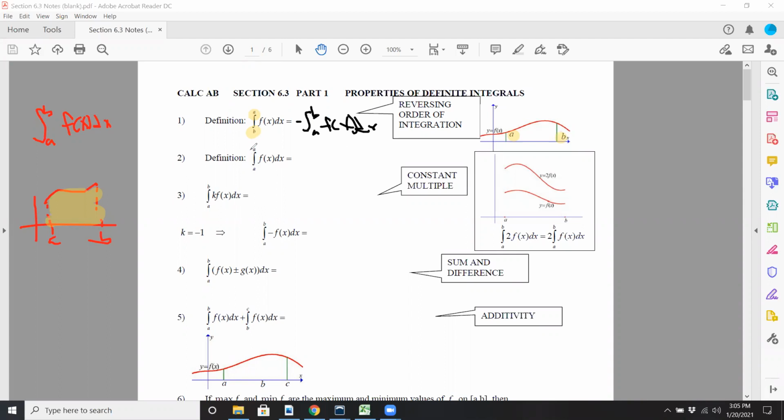Now, when these are the same, then you have no area being covered, so there's no area whatsoever. When those are the same, you're going to say it's 0 because you're not sweeping any area. If you have a constant, you can pull the constant out and multiply it to the integral.